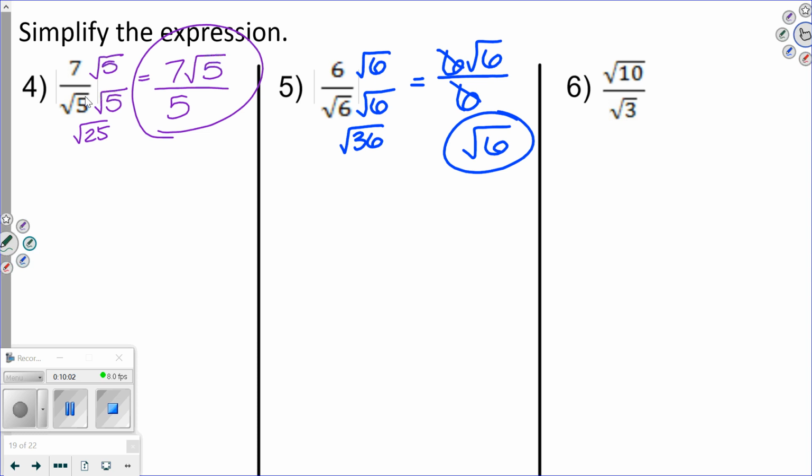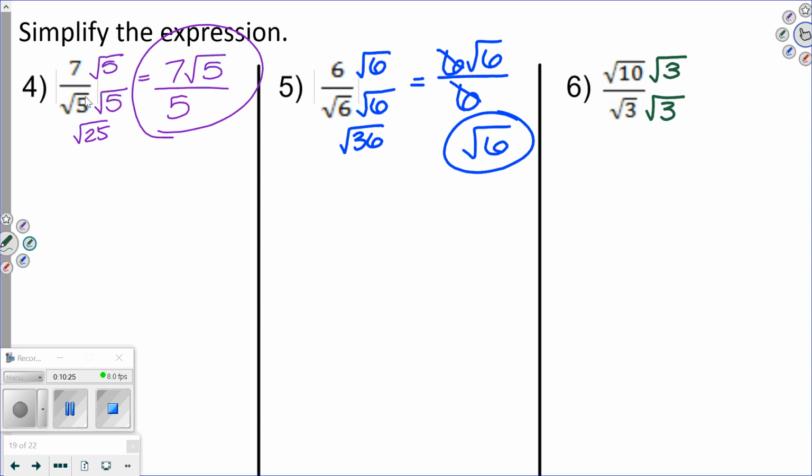Number 6, radical 10 over radical 3. Can I do a factor tree on the 10 and get any pairs? Factor tree on the 3 and find some pairs? No. All right, so we'll go ahead and rationalize. Multiply top and bottom by radical 3.